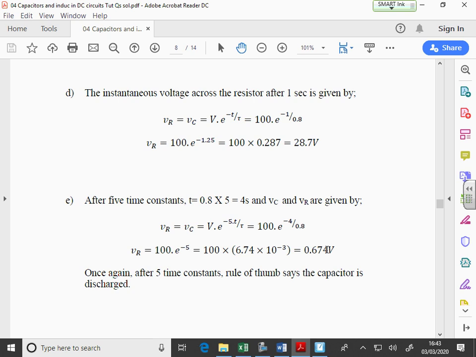If you remember 5 time constants of charging, we were 99.3% charged, and now on discharging we're 99.3% discharged after 5 time constants.